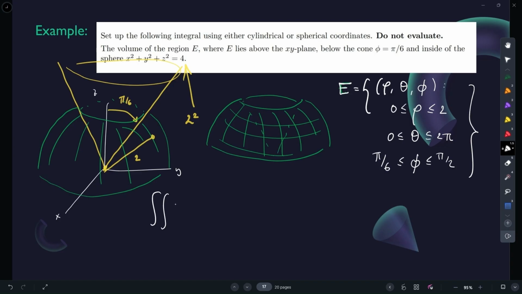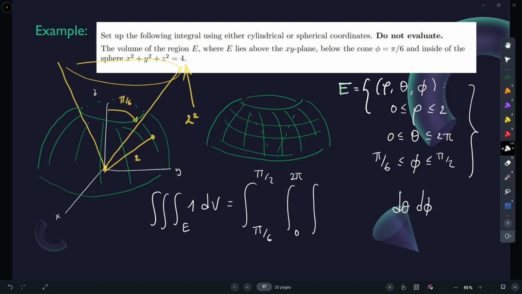So the volume integral over E of 1 dV will be given by, in phi, the integral from pi over 6 to pi over 2. In theta, the integral from 0 to 2 pi.